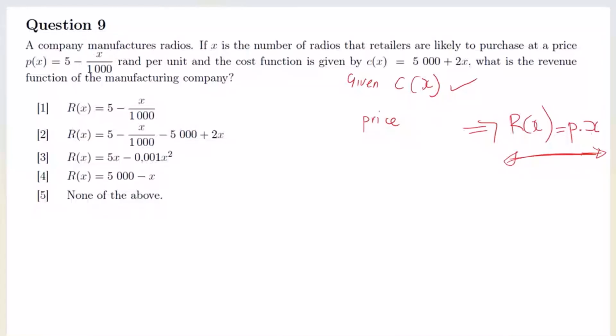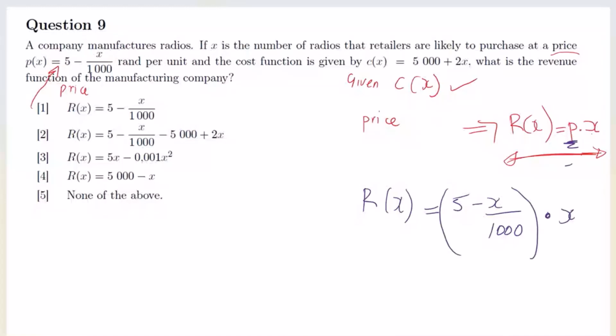Here I am only given a price. So for me to get revenue, I need to multiply by x. This is a critical aspect that I'm going to be using. The price that I am given is 5 minus x over 1,000. However, this needs to be multiplied by x. So this is the function.